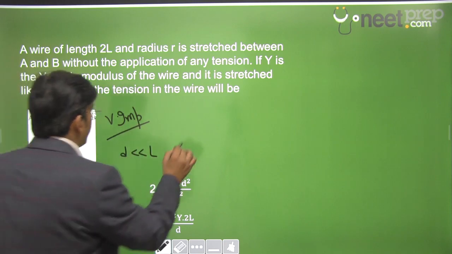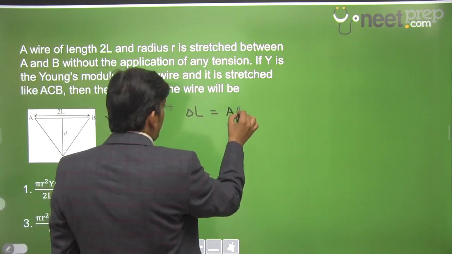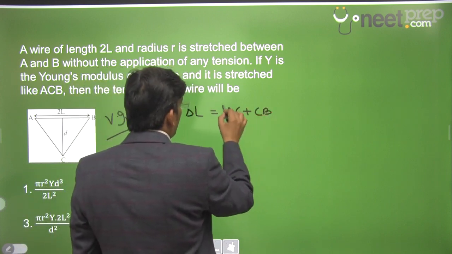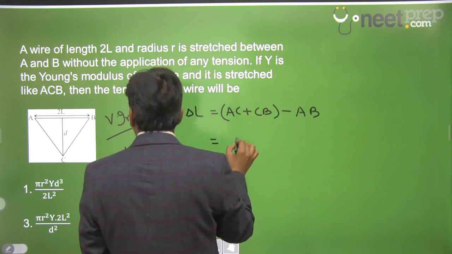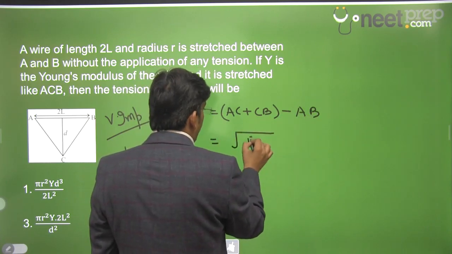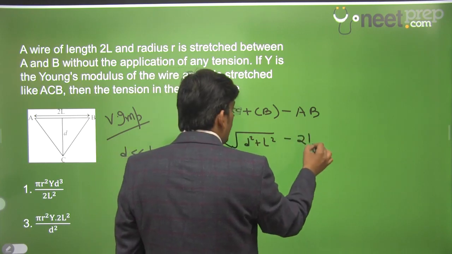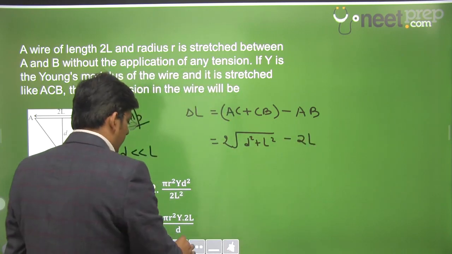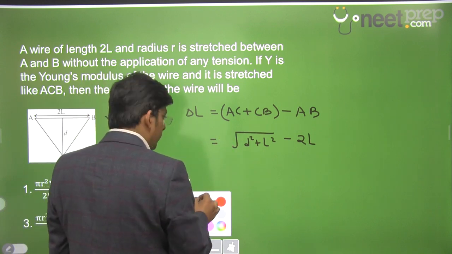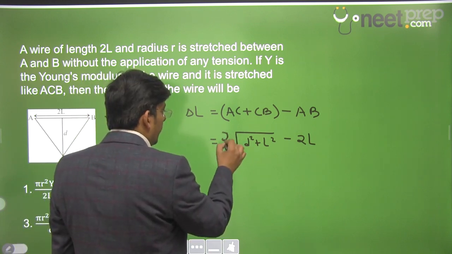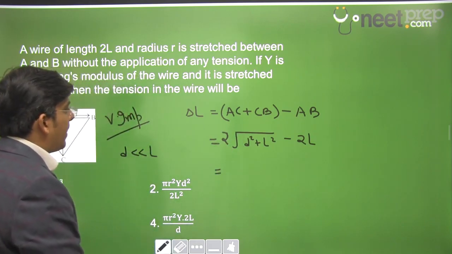Just calculate the extension, dear students. We have already done this. This is obviously AC plus CB minus AB. Now AC is going to be under root of D square plus L square, times 2, minus AB, which is going to be 2L. So 2 under root D square plus L square minus 2L.